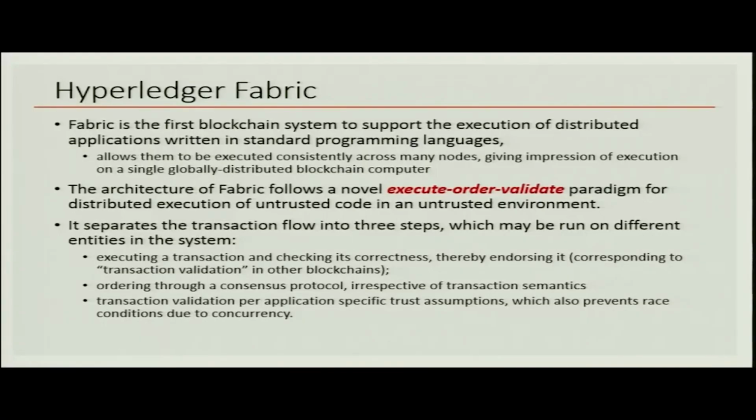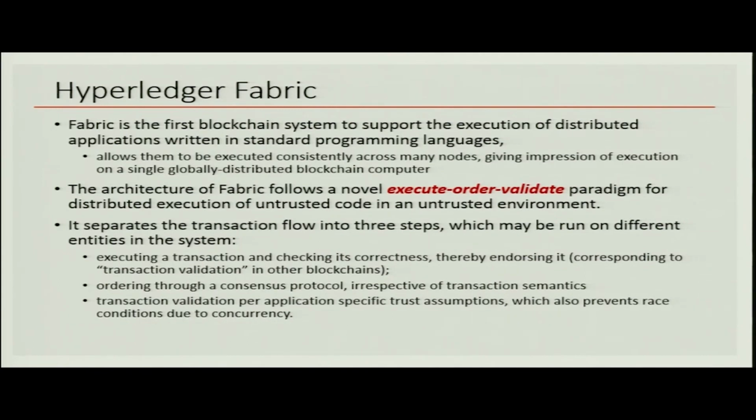When enough endorsements are collected by the original client, it broadcasts the transaction to the nodes that are responsible for consensus. Here the consensus orders the transactions, and the ordering is based on these read-write sets.